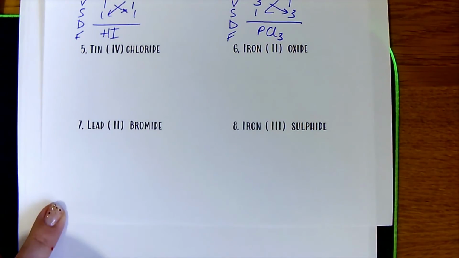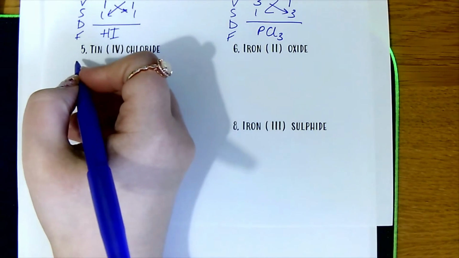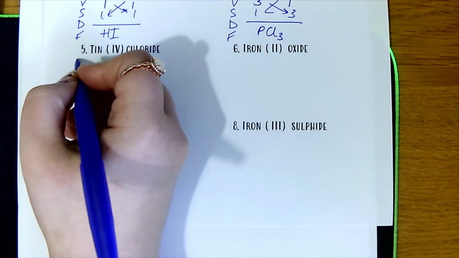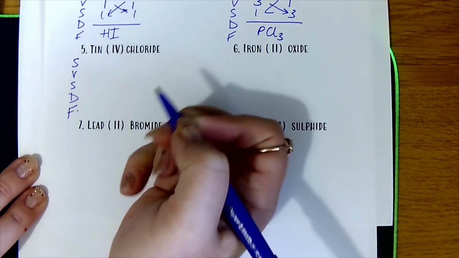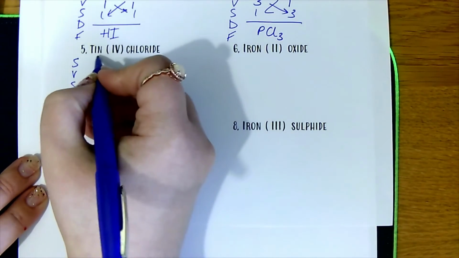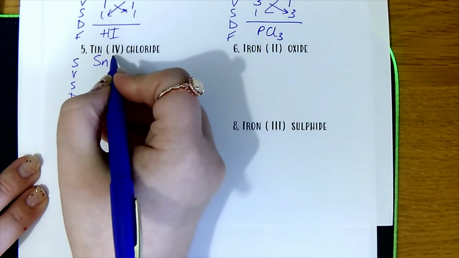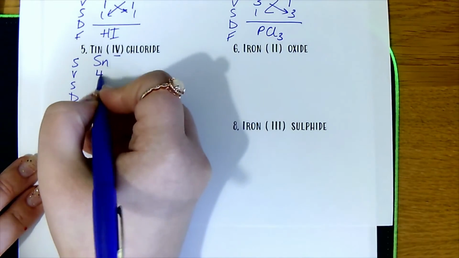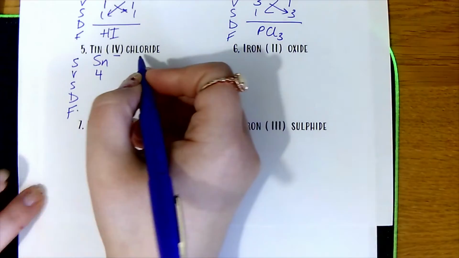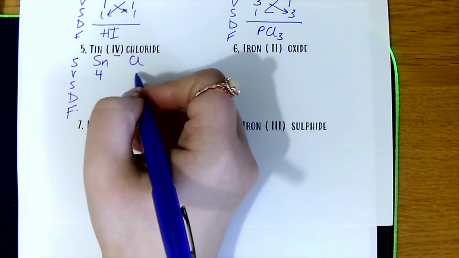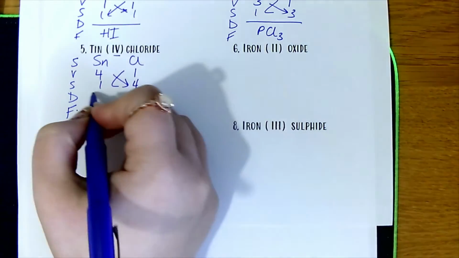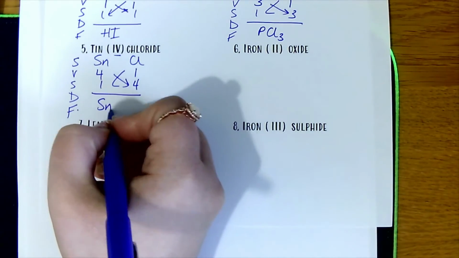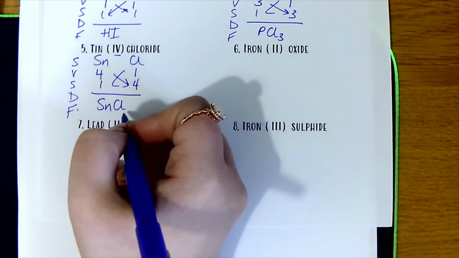So we've got tin chloride here, and again the very first step is just to put down symbol, valency, swap, divide and formula. The symbol for tin is Sn, and it has a valency of 4, so we can go ahead and put that number straight in. Chlorine, Cl, valency of 1. Swap them, cannot divide them, and when we write it as formula we have SnCl4.